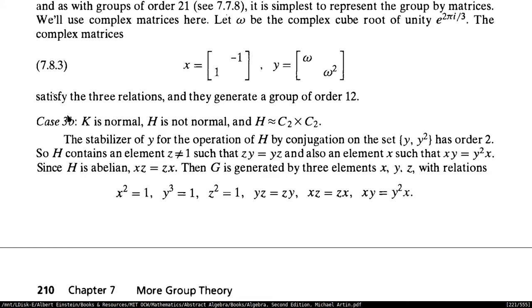So what's his newfangled argument? Oh, wait, there it is. So he's saying within SL2C, these are complex 2x2 matrices with determinant 1.